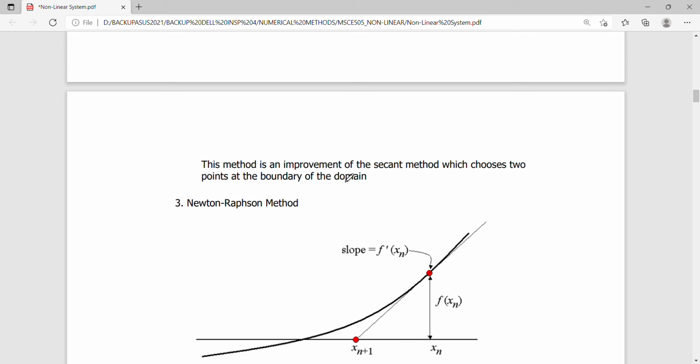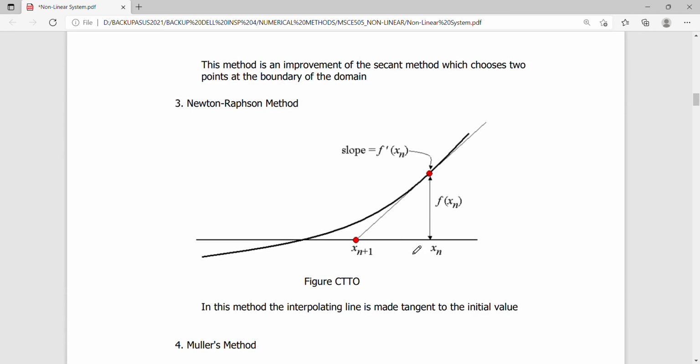Now, for the Newton-Raphson method or Newton's method, you only need one guess value. So this is the guess value here. And the next guess value will simply be determined by, again, a line tangent to that point. So how do you know this line tangent?